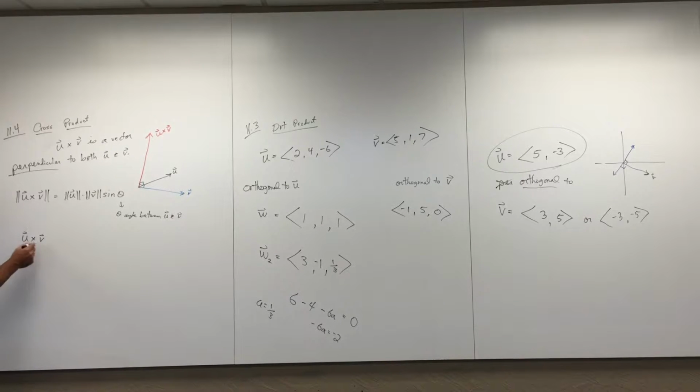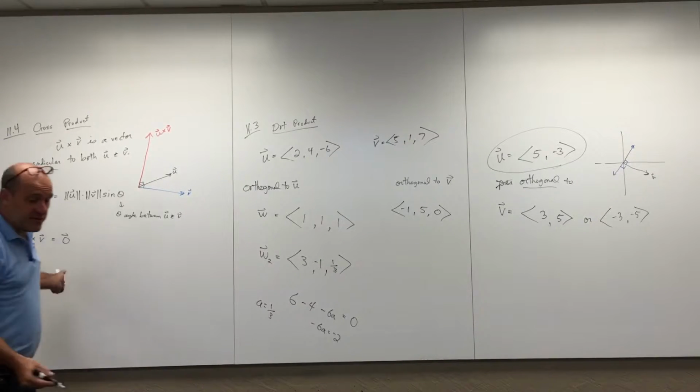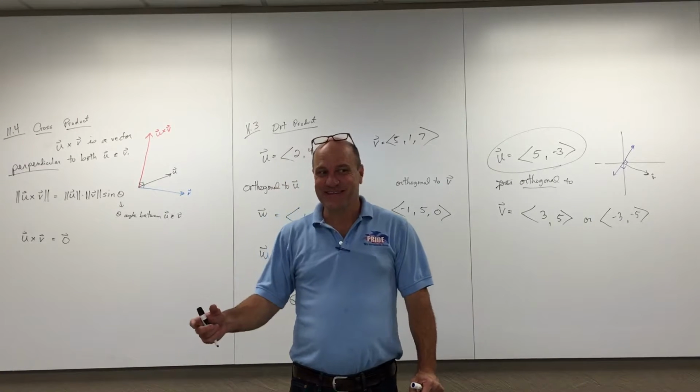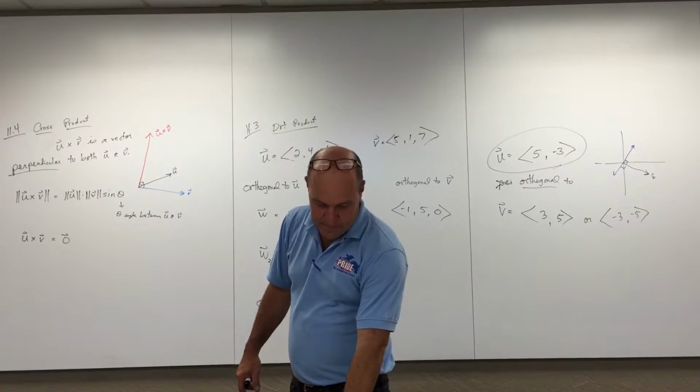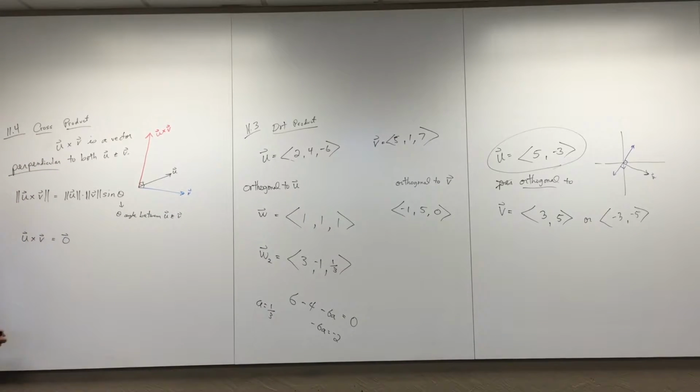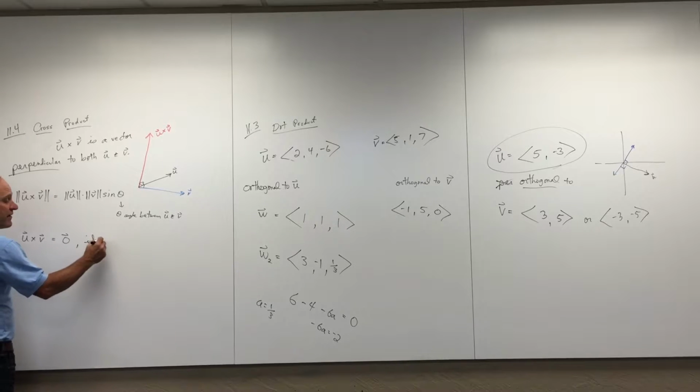If you happen to cross product two vectors and you get 0, which means the zero vector, 0, 0, 0, that happens if U and V are parallel.